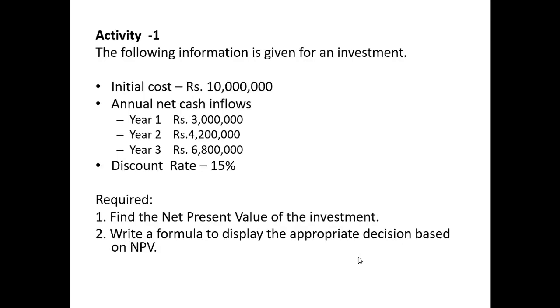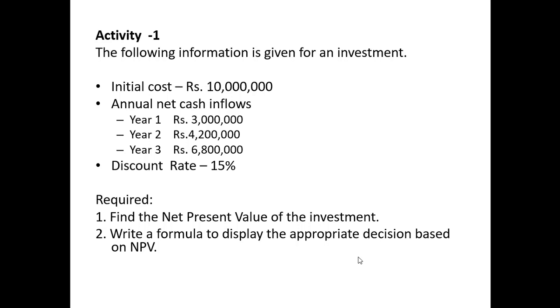Here we have the first activity. It says that the following information is given for an investment. The initial cost of the investment is 10 million and the annual net cash inflows are given for 3 years. The project life is 3 years: year 1, year 2 and year 3. The discount rate is given as 15%.